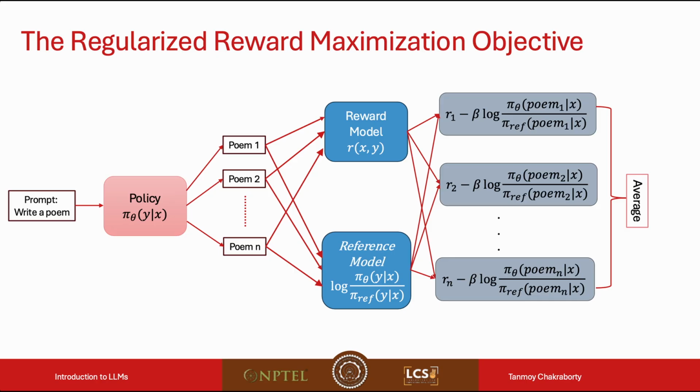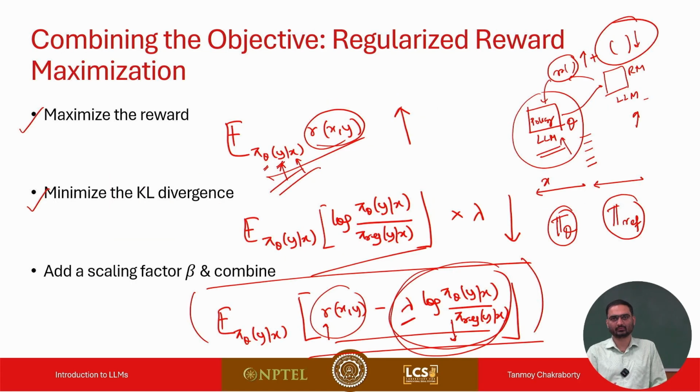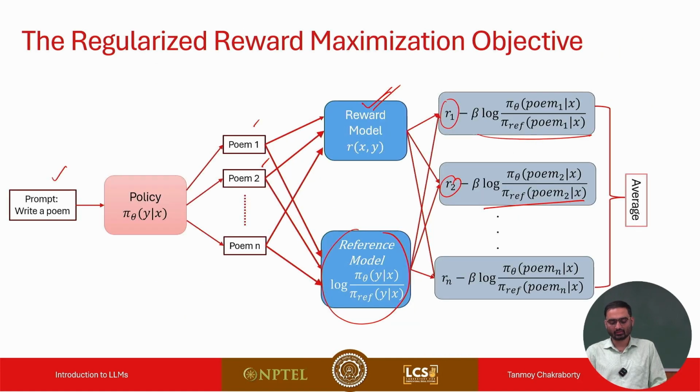So how do you do this in practice? Given a prompt, let's say the prompt is 'write a poem', you have this policy model pi theta. The policy model will generate n number of poems. For each poem you calculate the reward using the reward model, and the KL divergence, right? Since this is an expectation, it is not possible to calculate it exactly. So you sample several such responses from the policy and take an average.